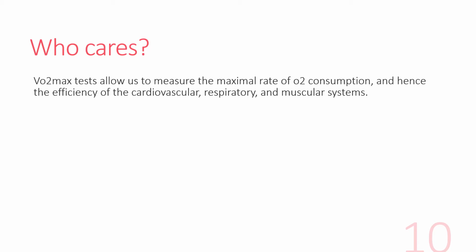Probably the most important reason that we're going to do a VO2max test is for a stress test. And a stress test is basically like they hook you up, sometimes with the VO2max, sometimes without. They are also going to hook you up to an EKG so we can see the electrical movement within the heart.